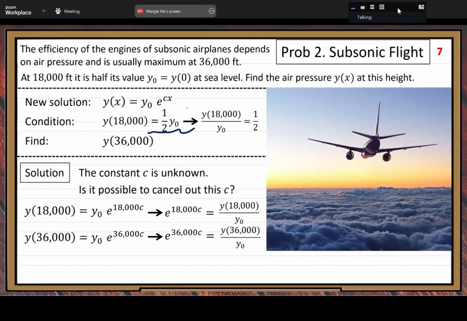This ratio equals 1/2 based on the given condition. Very simple, right? But the left-hand side, this expression is the square of that expression. Can we say the bottom fraction is also the square of the upper fraction?